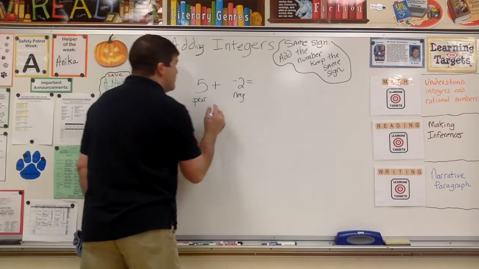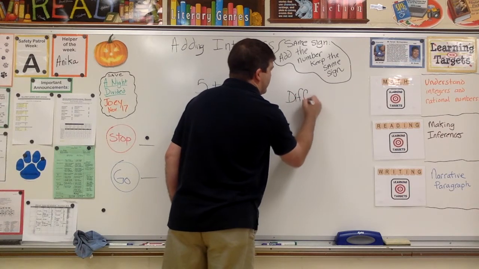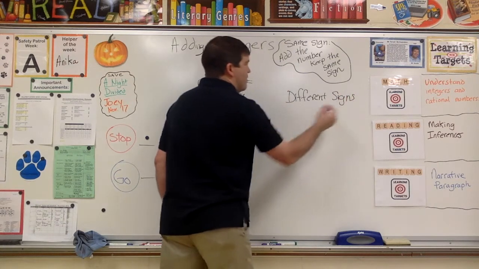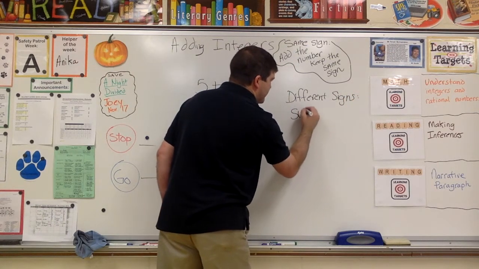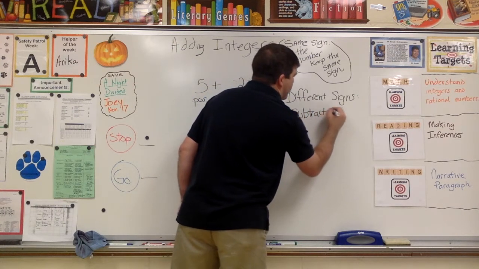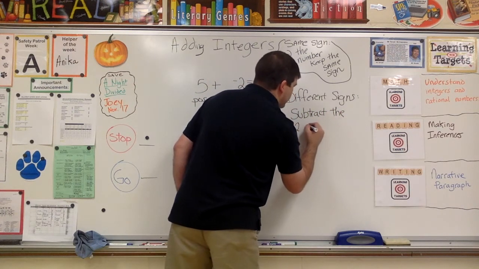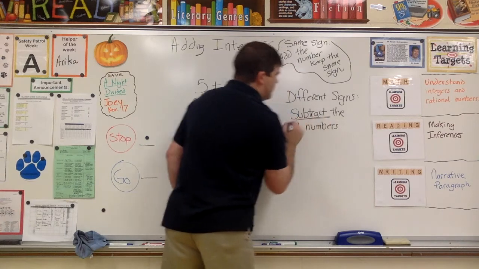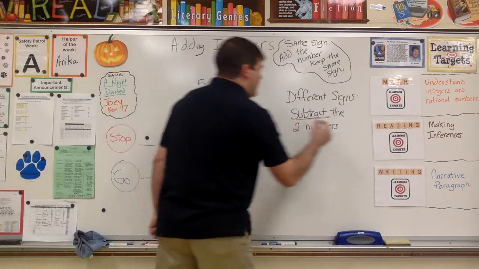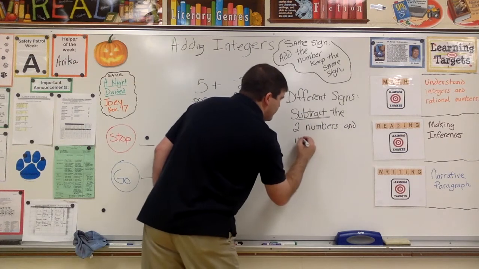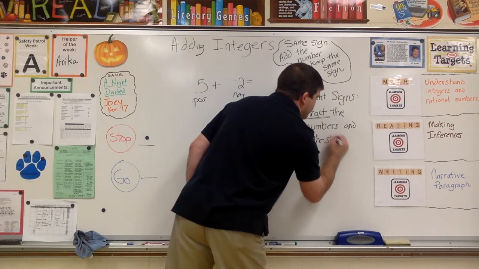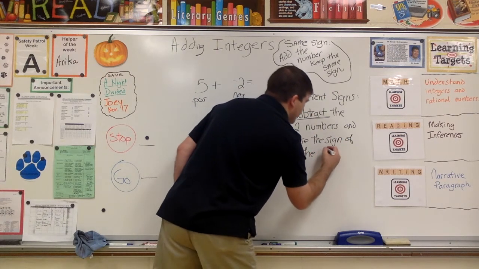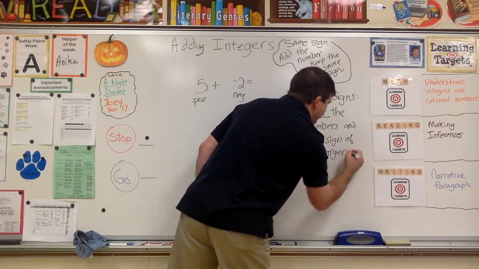When you have different signs, you don't add them, you subtract the two numbers, and use the sign of the larger number.